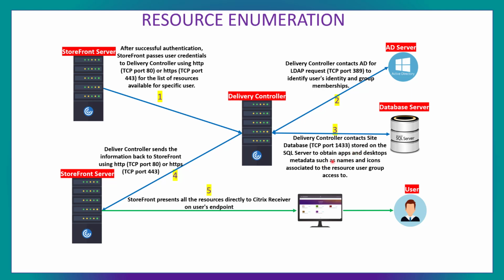When a user belongs to a group, the delivery group of that user will have some applications attached to them, or a desktop attached to them. All that information is recorded in the site database.